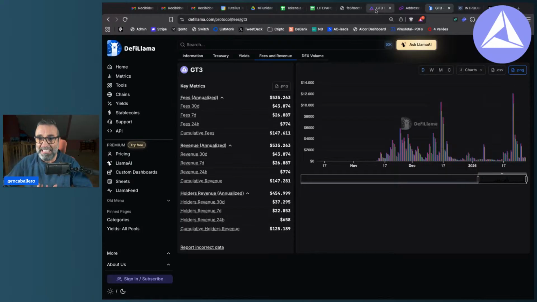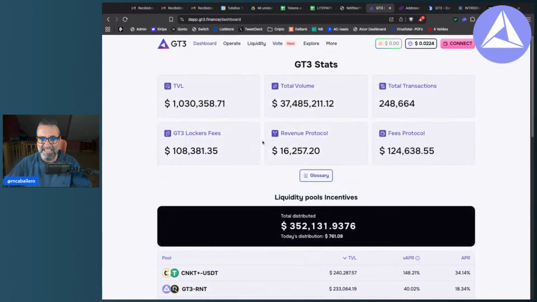We are proving with data, not with promises, okay, with data, that in the last 3 months, because we started to operate outside our cave, I mean, with real outside tokens and outside pools, at the end of November, in 2-3 months, no more, we have generated around $37 million of volume and more than 248K transactions.